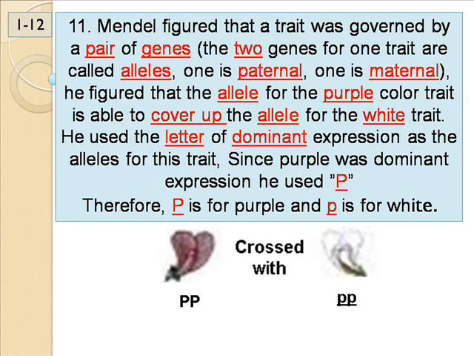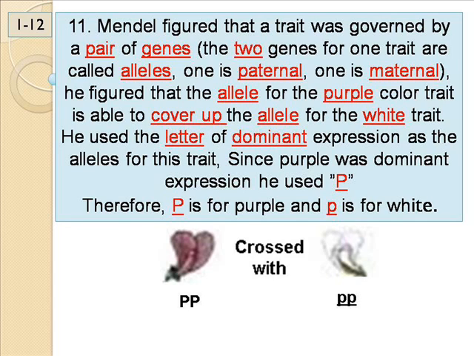You get all purple flowers. Somewhere in the purple flowers, there's still the allele for the white trait. It's being covered up though. So even though it's purple, it still has the trait inside of it. So his idea was, whatever the dominant trait is, use that letter for the trait.